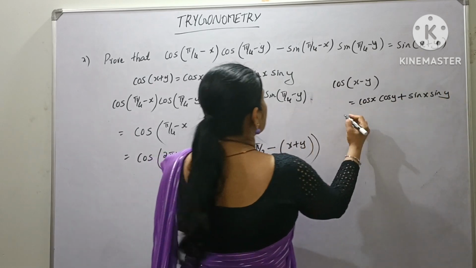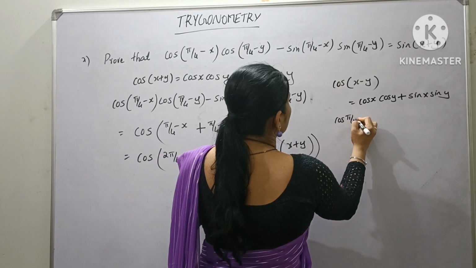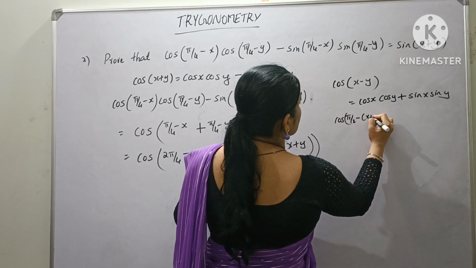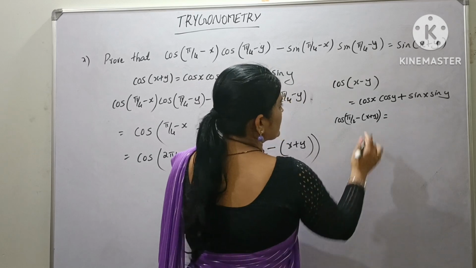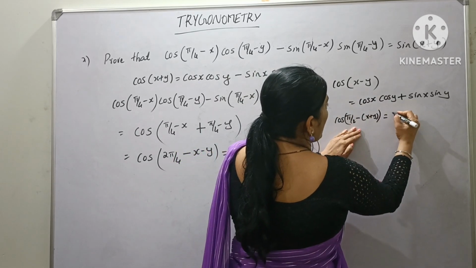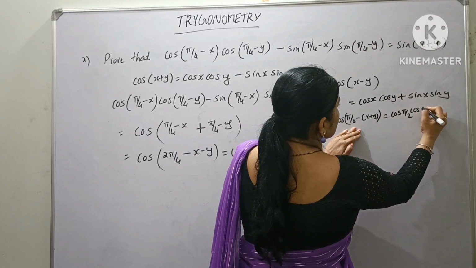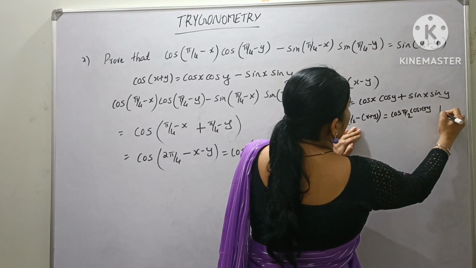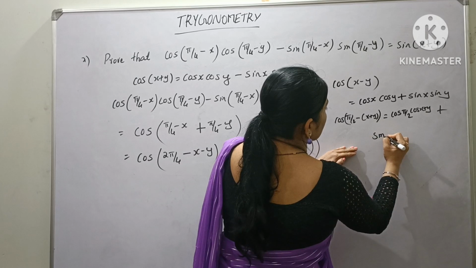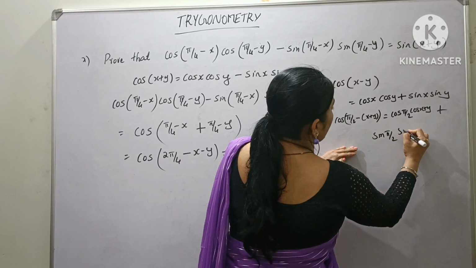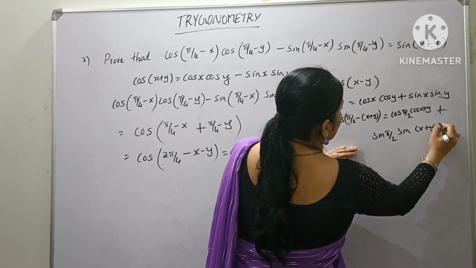So cos of pi by 2 minus x plus y is cos pi by 2 cos x plus y plus sin pi by 2 sin x plus y.